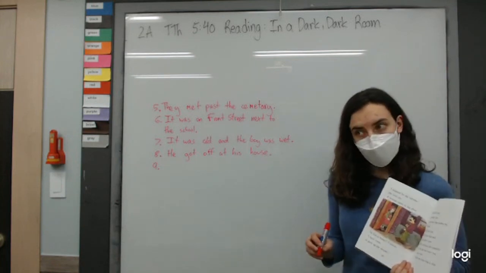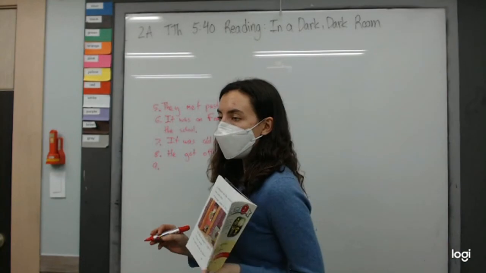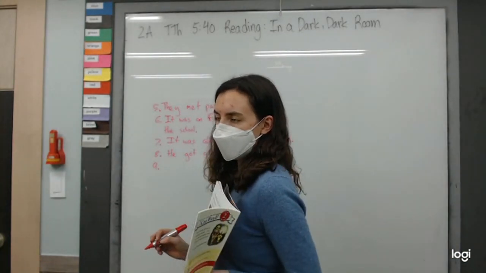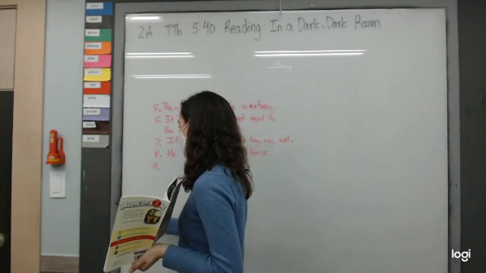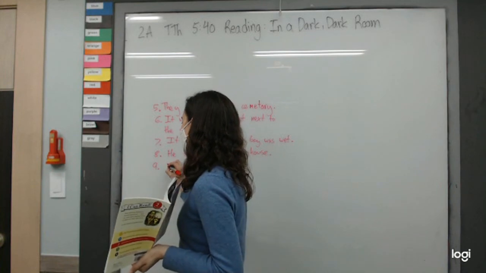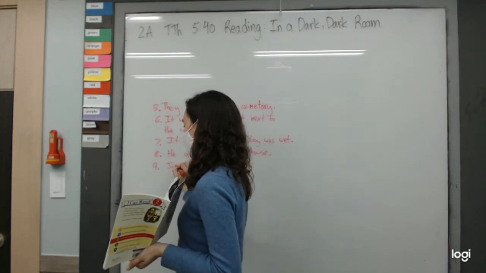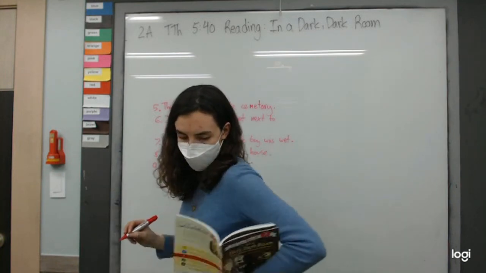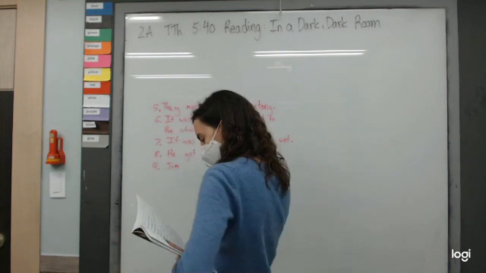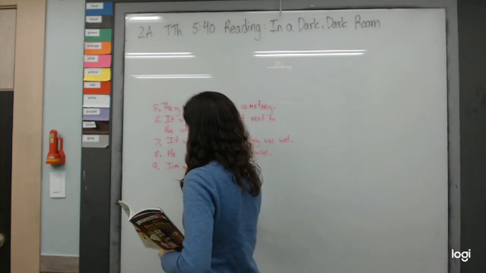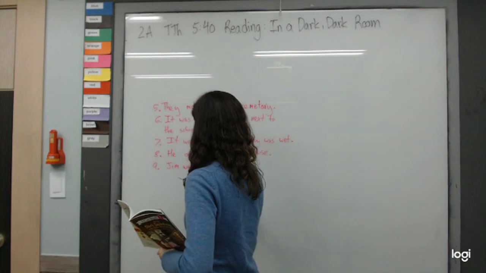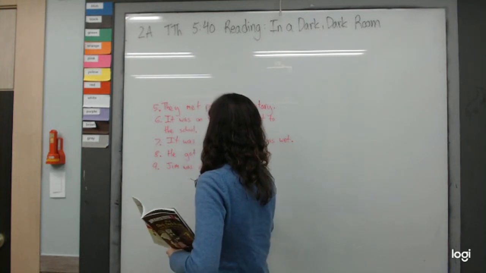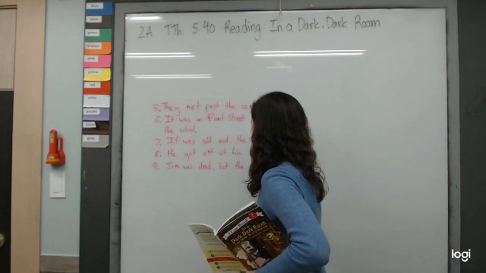What? Jim was what? No, I think you're right. Jim was dead. Yes, Jim was dead. And did the man think Jim was dead? No. Jim was dead. The man.